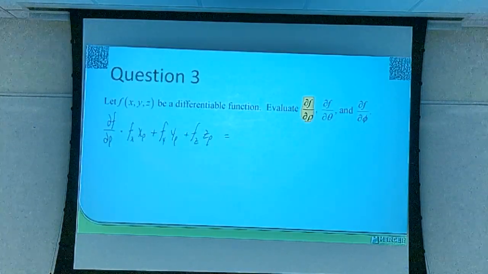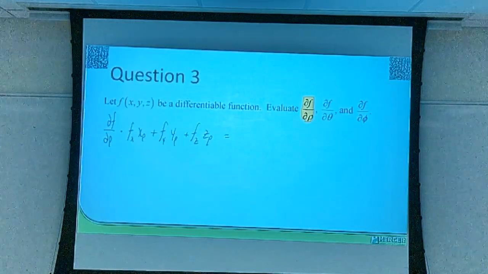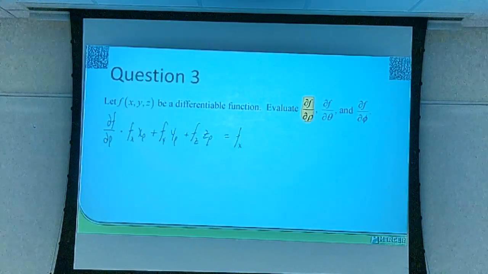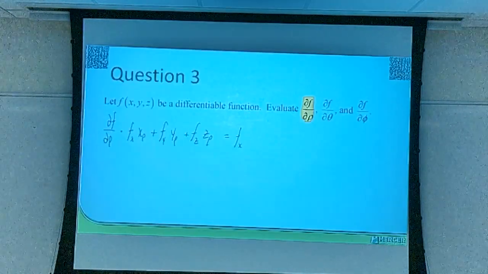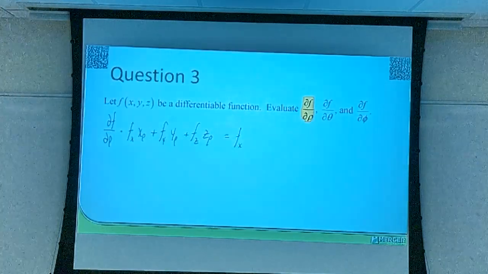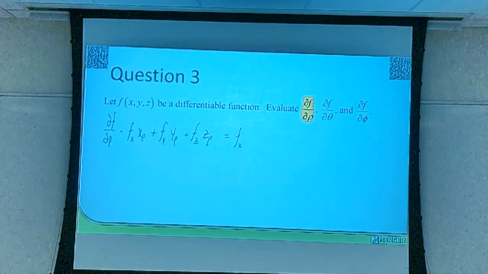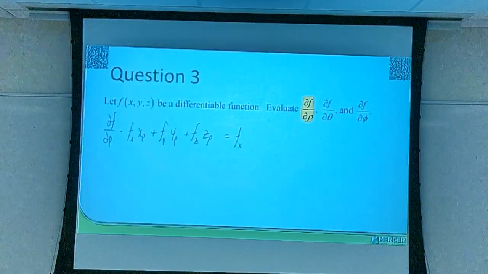You don't know what it is, because f isn't given. So it's just the partial of f with respect to x. It stays partial of f with respect to x.